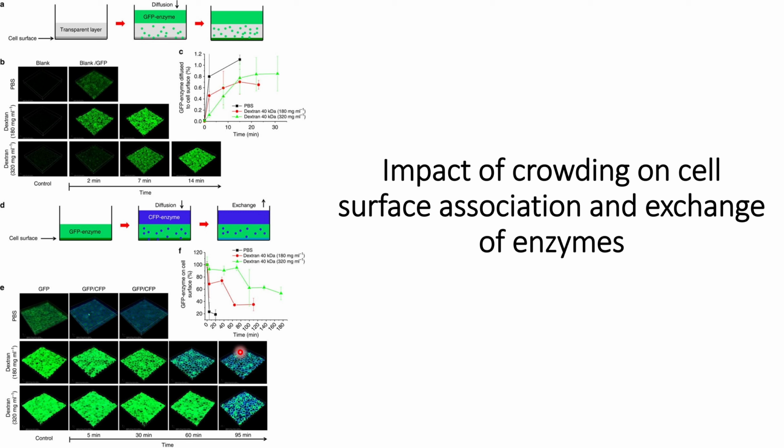These things are quantified in panel F, where we can see that the percentage of GFP enzymes on the cell surface decreases tremendously after just 20 minutes for the PBS control, and it continues for a longer duration of time for the Dextran concentrations.